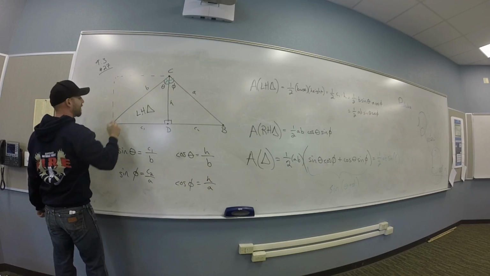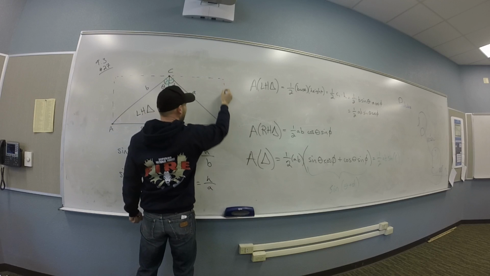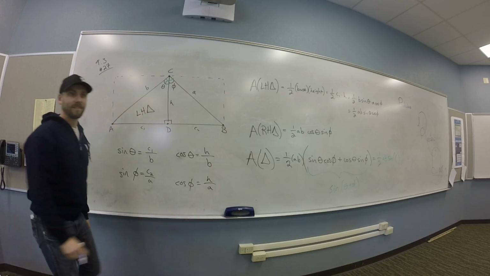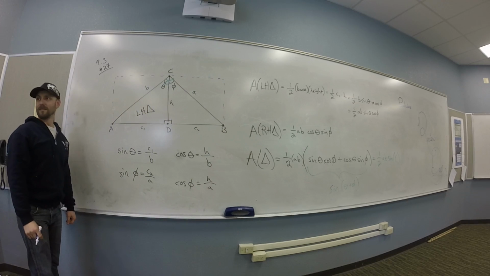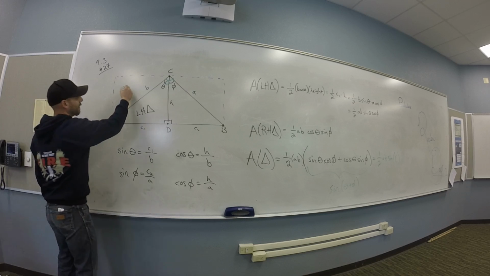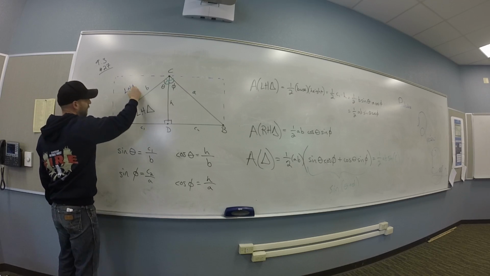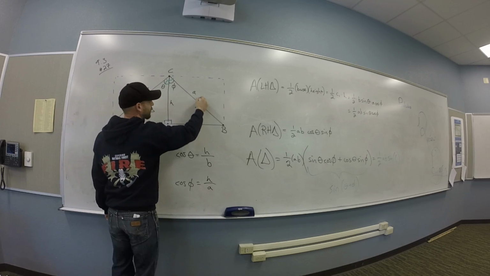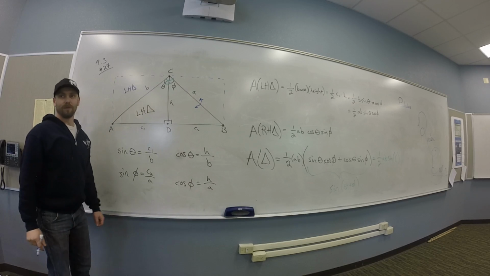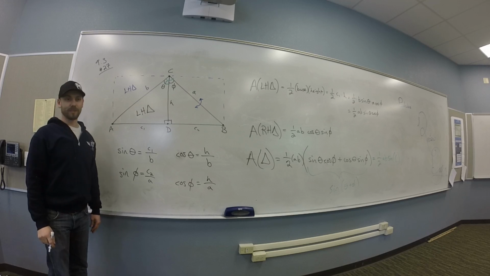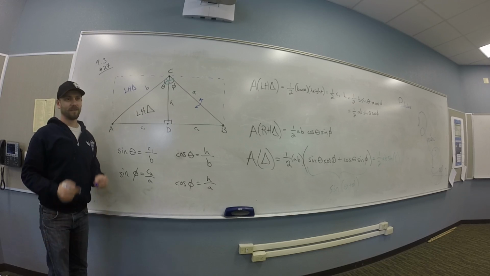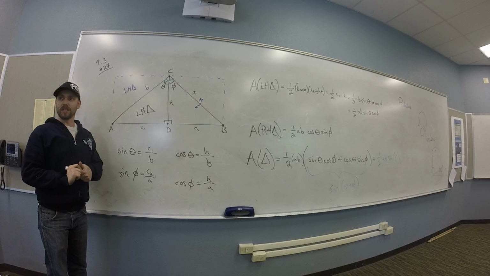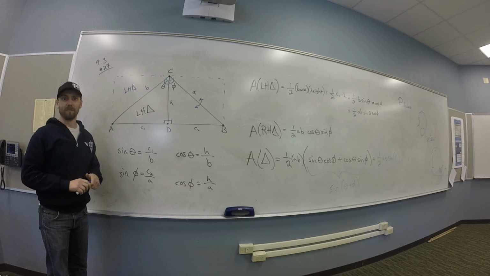You take your triangle and draw the rectangle around it, and then that piece is the same as the left-hand triangle, and those two are also the same. But only half of them are interesting to you because only half of them are in the triangle. You see that? So that's where that base-height thing comes from. It's not magic.